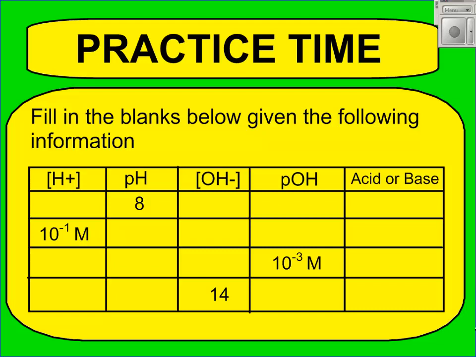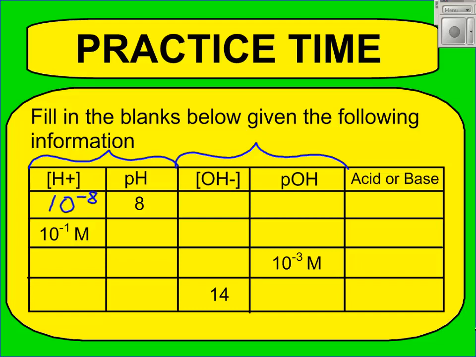Okay, well remember, the chart tells us that hydrogen concentration and pH value go together, and hydroxide concentration and pOH go together. So we're going to use that to help us out. I know the pH is 8, which must mean the hydrogen concentration is 10 to the negative 8, because remember, there was that relationship in between.